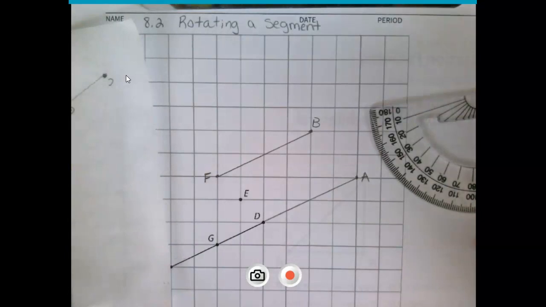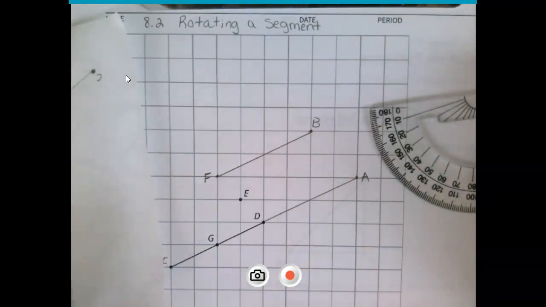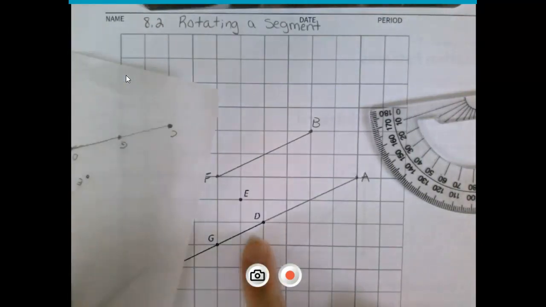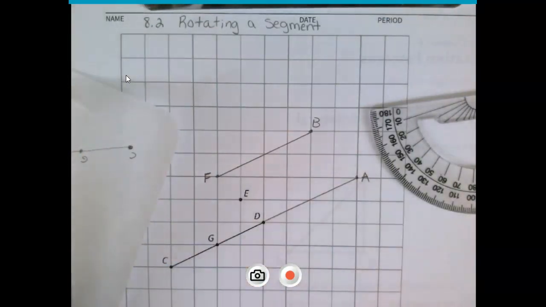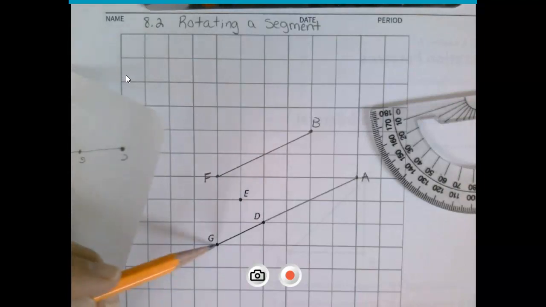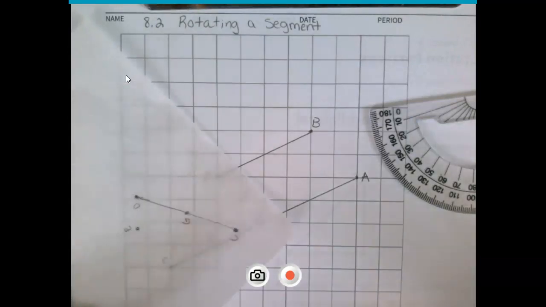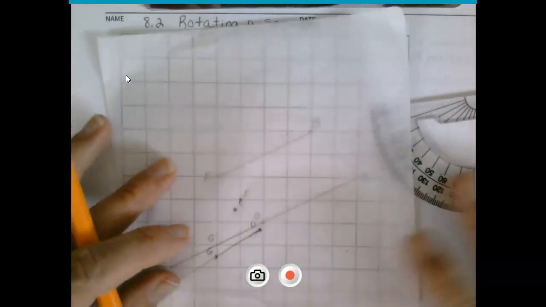Okay, all right. So then let me see, I think it gives us another one to try. It says rotate segment CD, just CD again, 180 degrees around midpoint G. Do you know what midpoint means? Midpoint means it's halfway. So G is halfway in between C and D. So once again, it doesn't give us a direction, so let's just try it both ways.